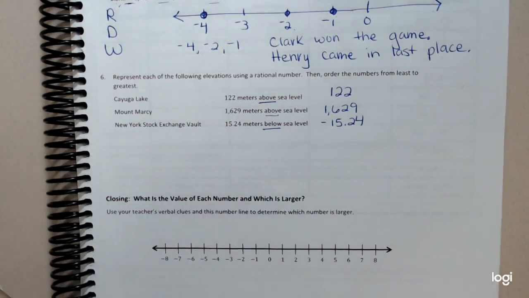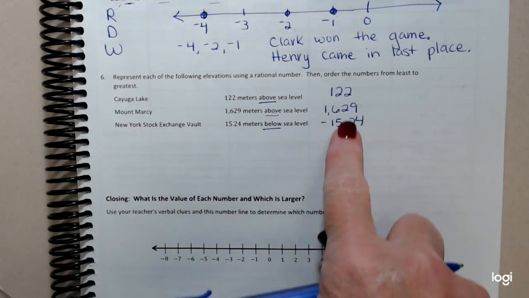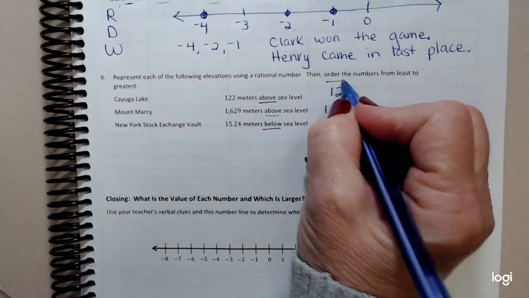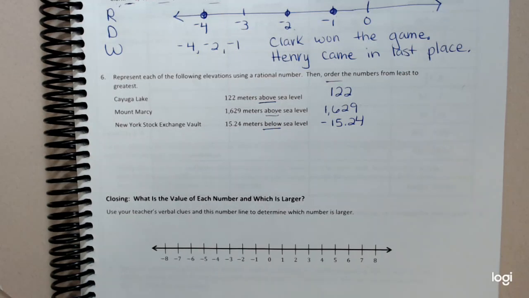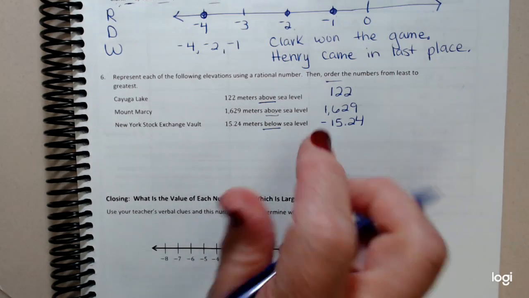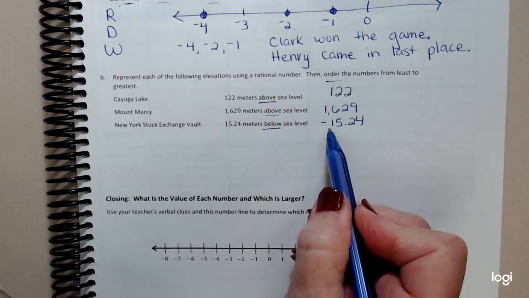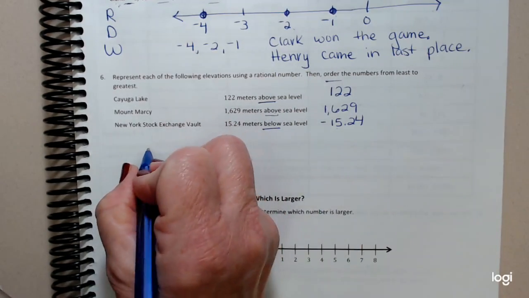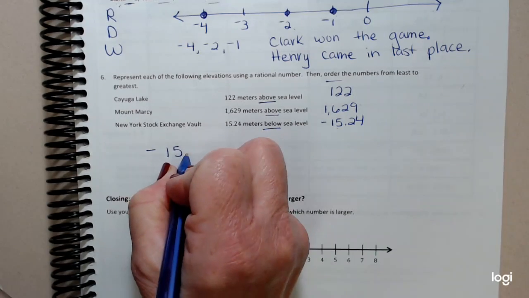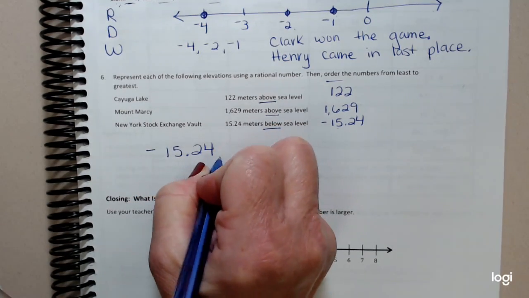So I have here, I represent each of the following elevations using the number. Now we're going to order them from least to greatest. Well, I know that negative numbers are smaller, according to this number line up here. The only negative number I have is this one first, so I'm going to put negative 15 and 24.